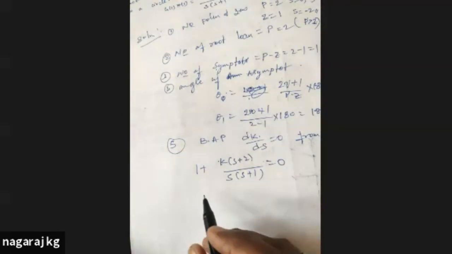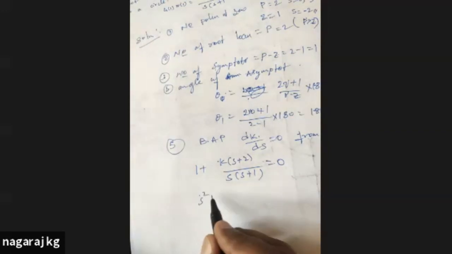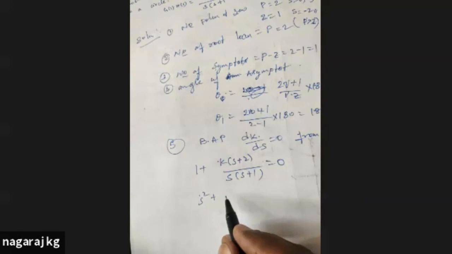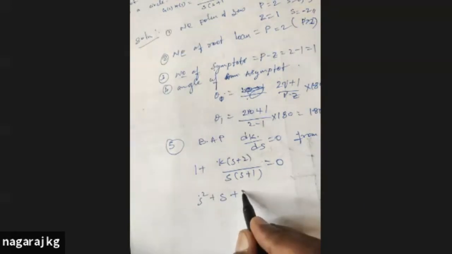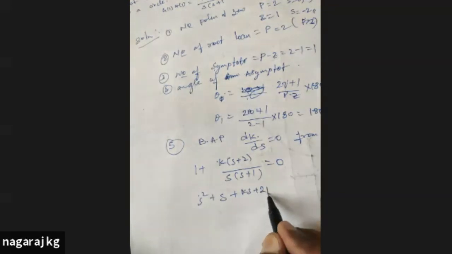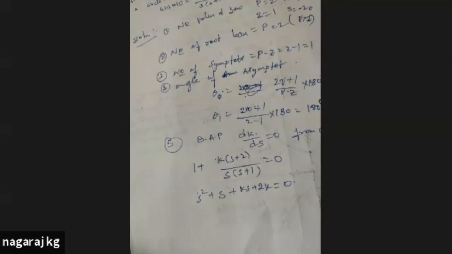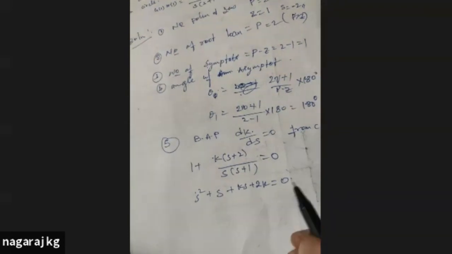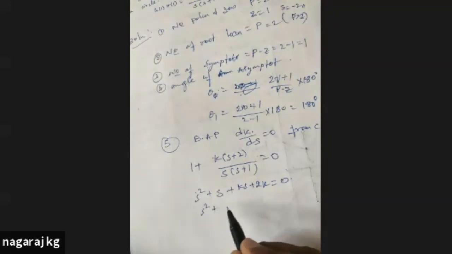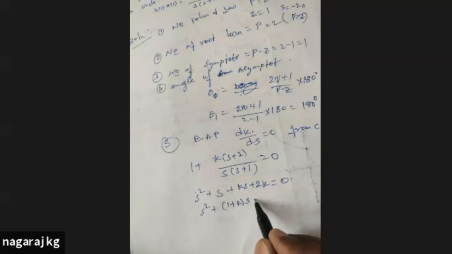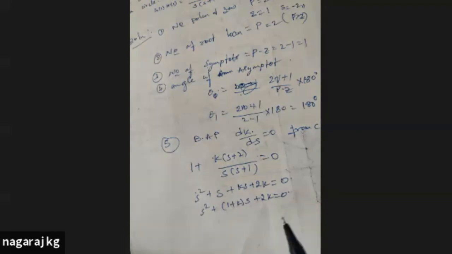Now tell me, s squared plus s plus k into s plus 2k is equal to 0, or s squared plus (1 plus k) into s plus 2k is equal to 0.